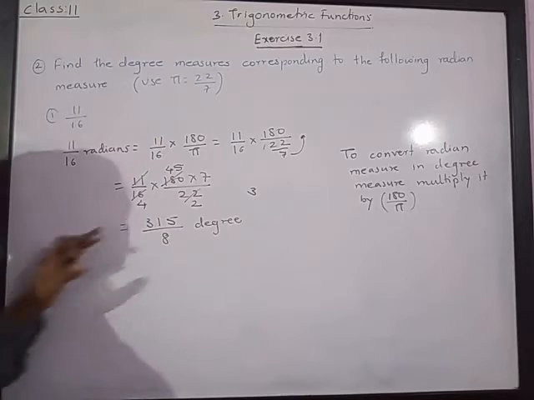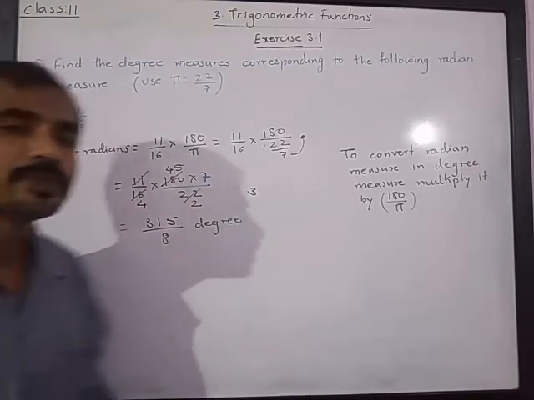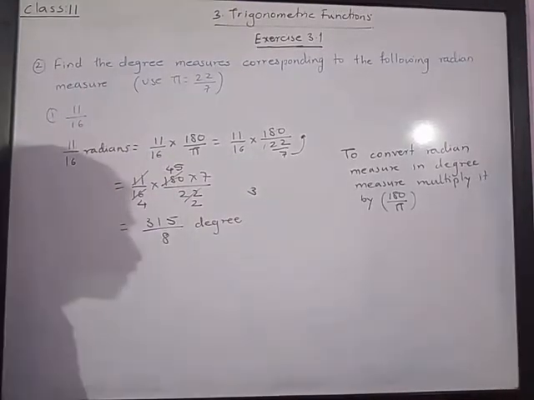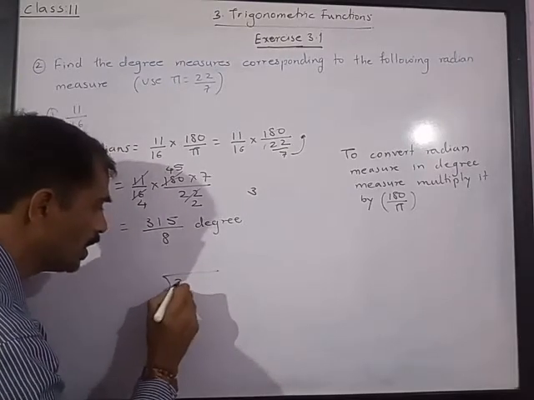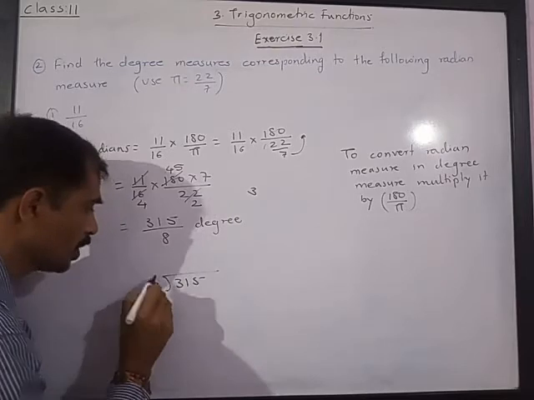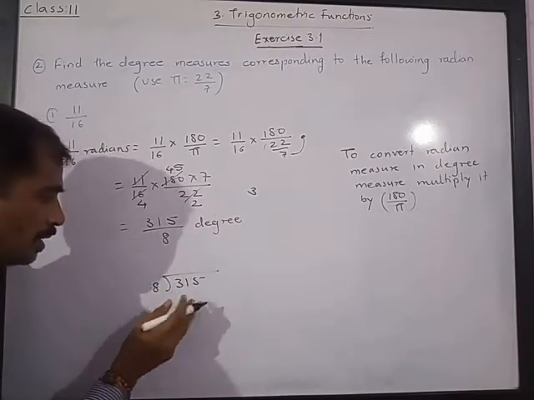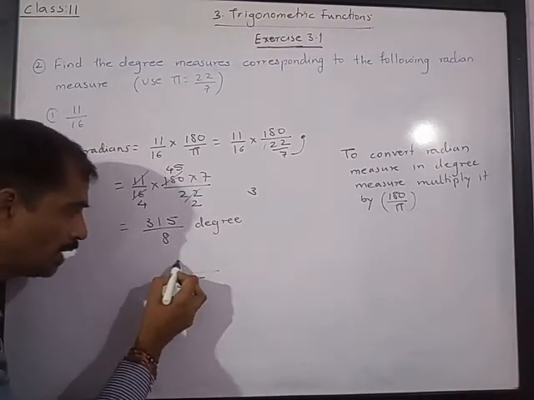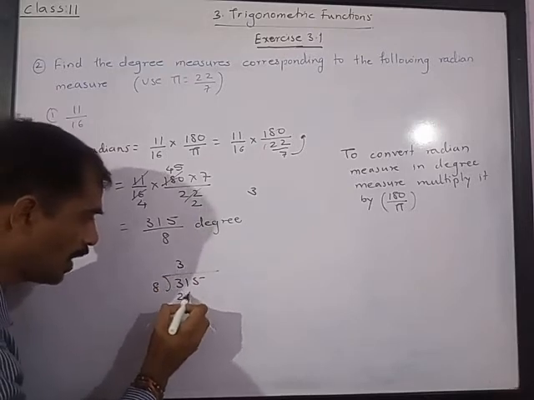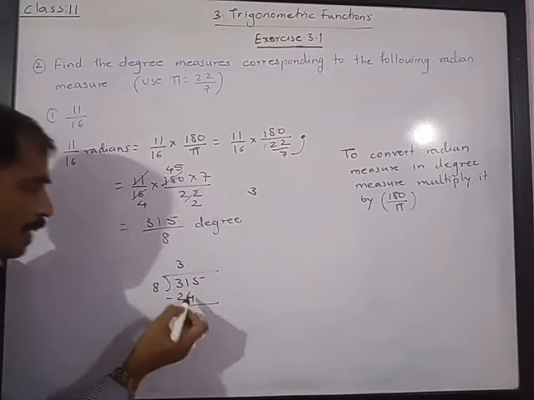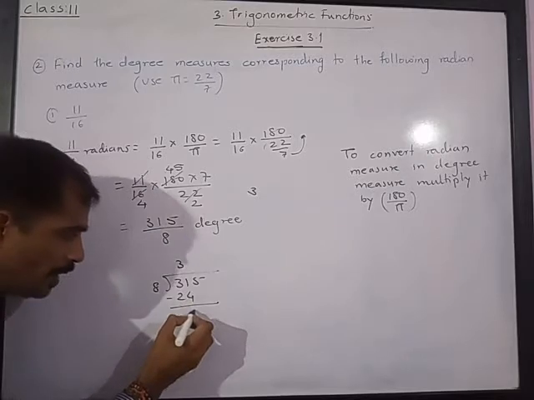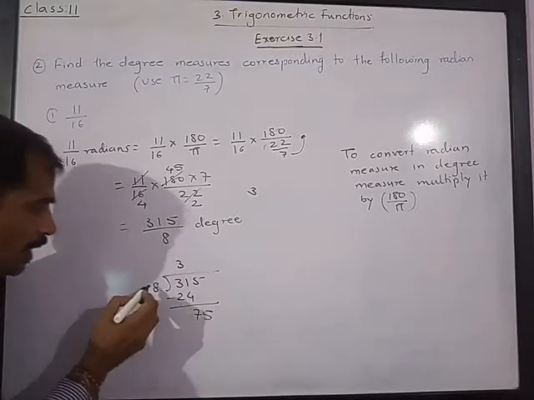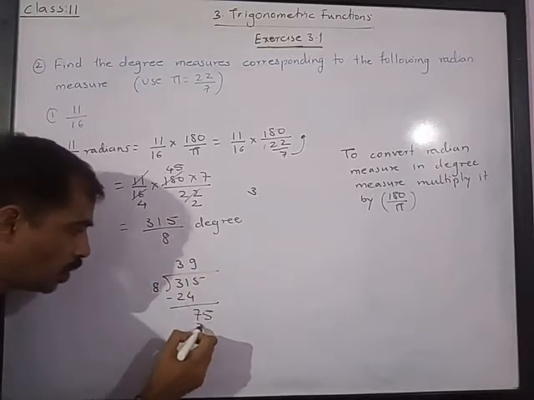Now we need to convert this into a mixed fraction. Now see how to convert this. Divide 315 by 8. We have 8 4s are 32, so we have 8 3s are 24. Then this becomes 7 and 5. 8 9s are 72.